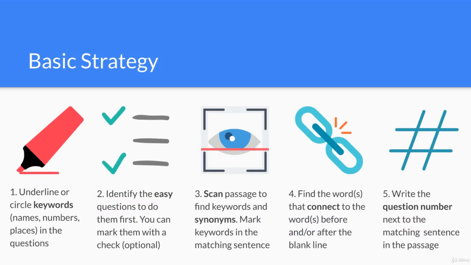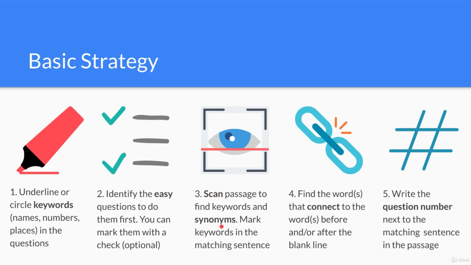Now here is the basic strategy. I'm not going to go over this basic strategy step by step because you already know this by now. The first thing you have to do is mark the keywords, then identify the easy questions, then look for the keywords for the easy questions in the reading passage. You have to scan for these keywords and also scan for synonym language.